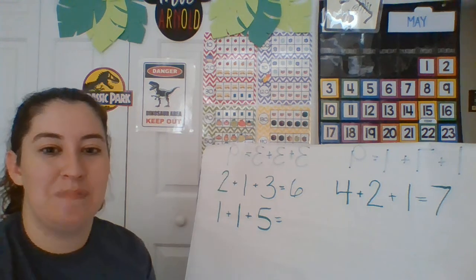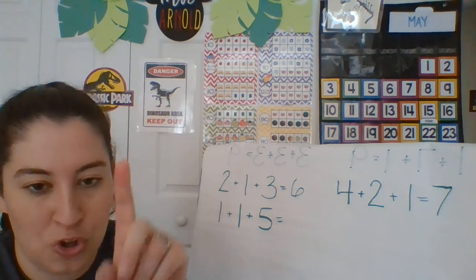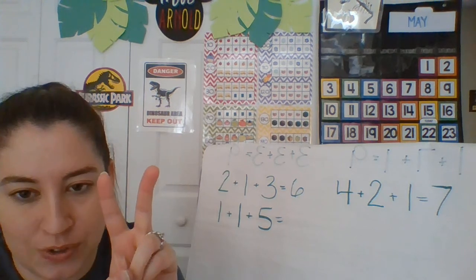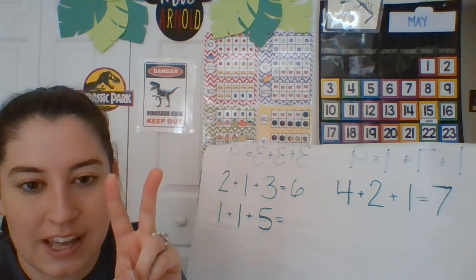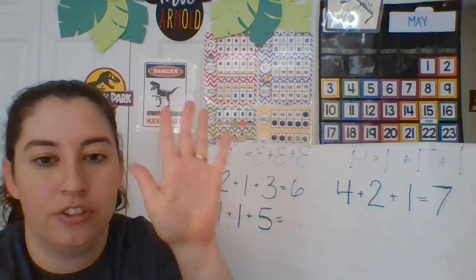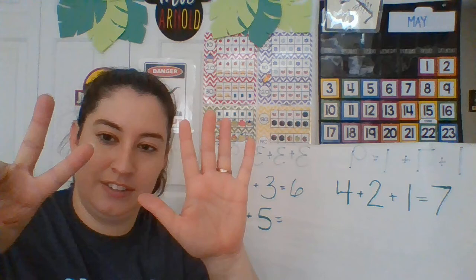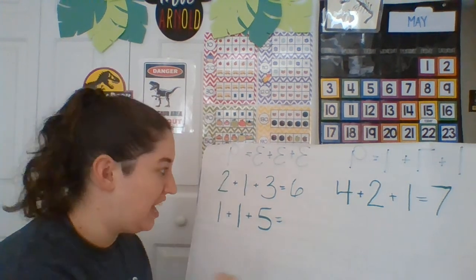Okay, Mr. Arnold saw 1 Tyrannosaurus, 1 Spinosaurus, and 5 baby Triceratops. 1, 2, 3, 4, 5. What's our answer? 7 again.